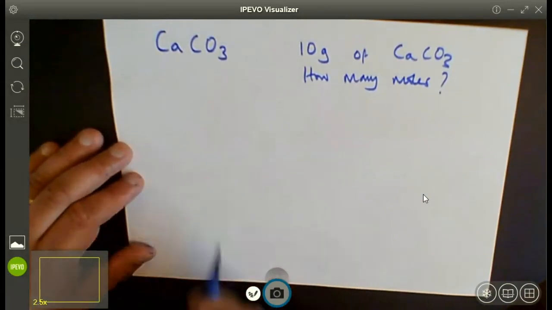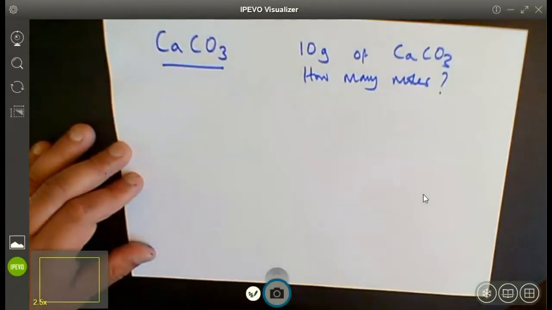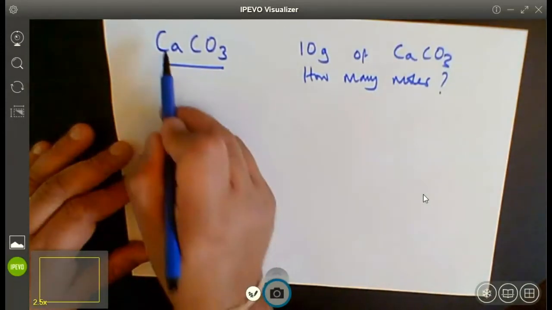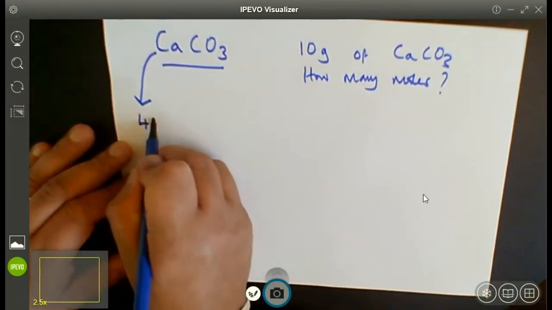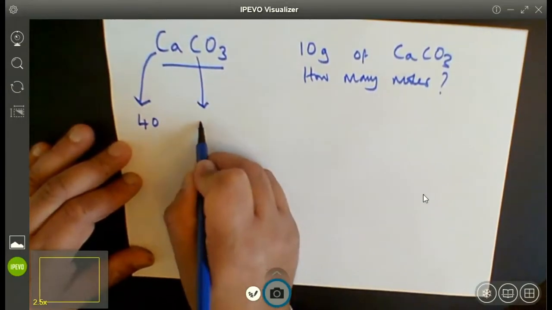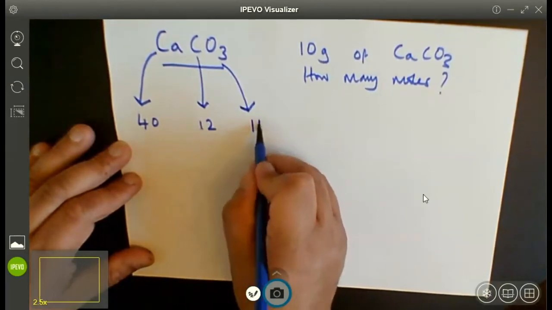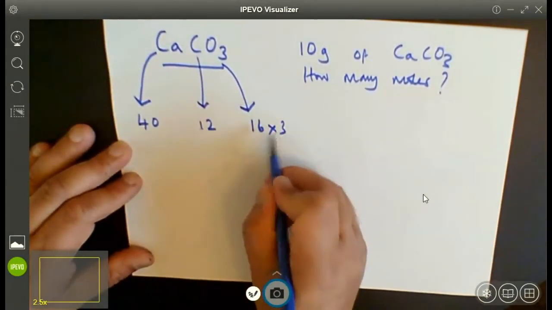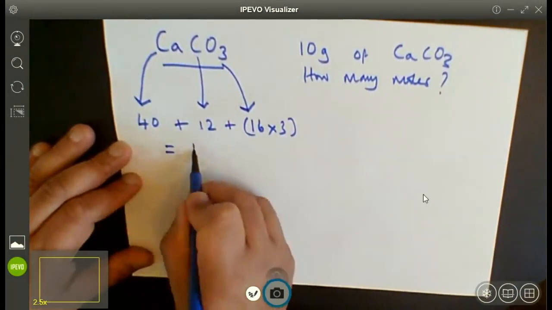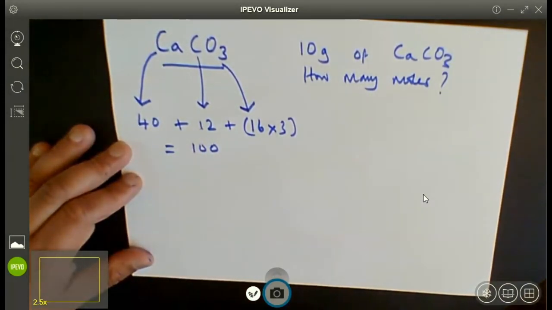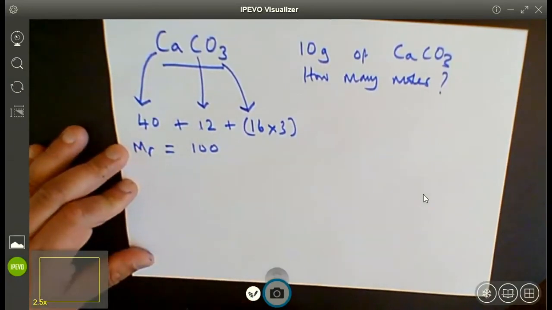What you first will do, you've got calcium carbonate, you look at your periodic table, you find the relative atomic masses. So you've got calcium, which is 40, you've got carbon, which is 12, you've got oxygen, which is 16, but you've got 3 of those oxygens, so you times that by 3, you add them all together and you end up with 100. So that's what the Mr is. So the Mr is 100.